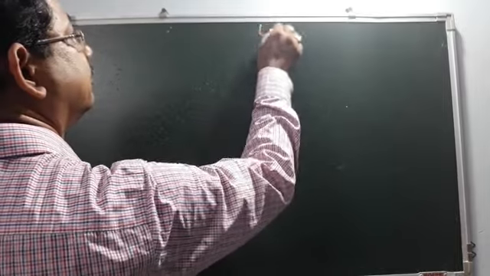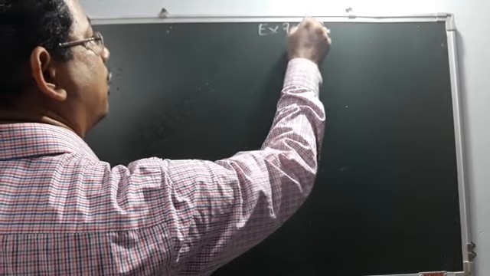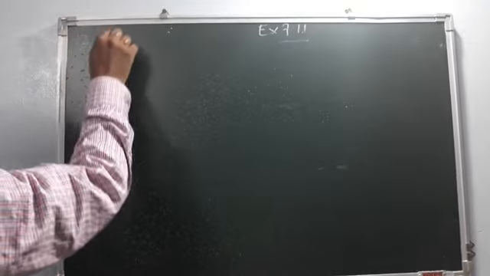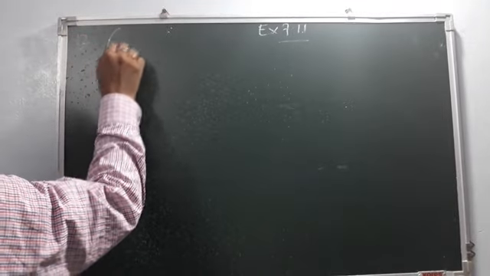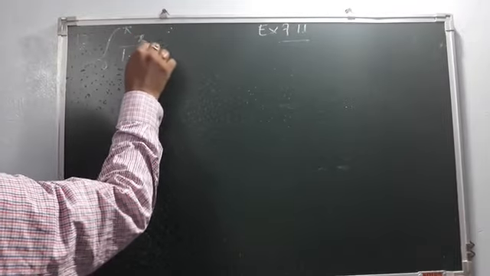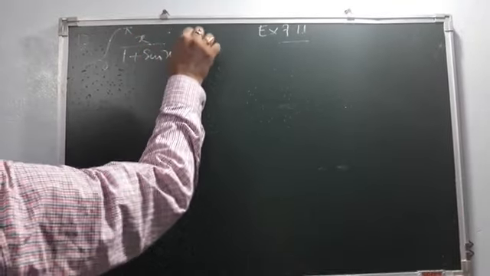Exercise 7.11, we have done up to question number 11. So in this exercise 7.11, our question is integration 0 to pi of x by 1 plus sine x dx.